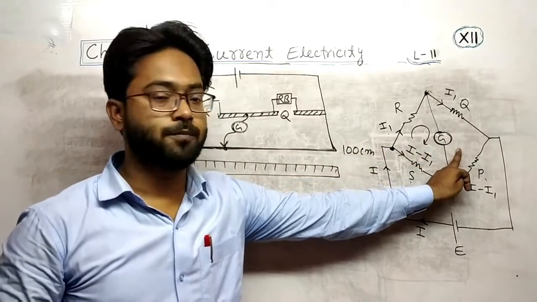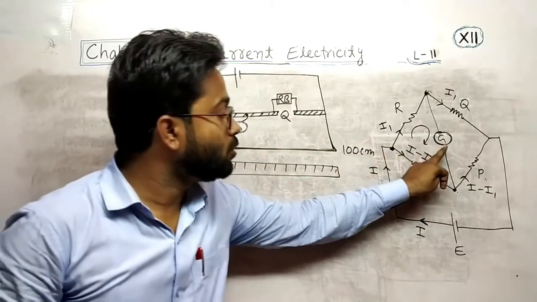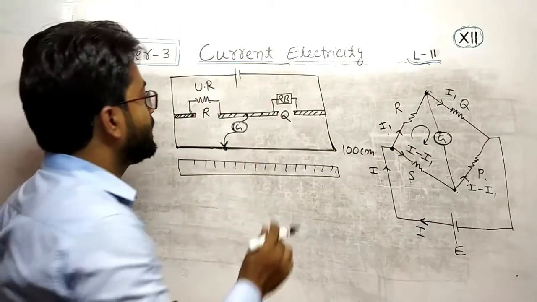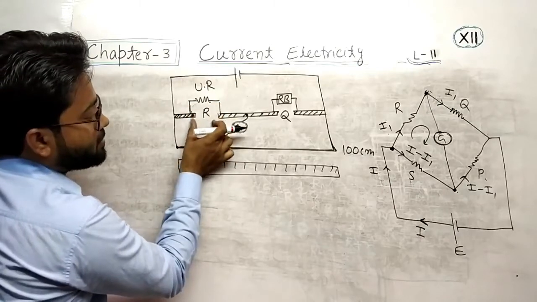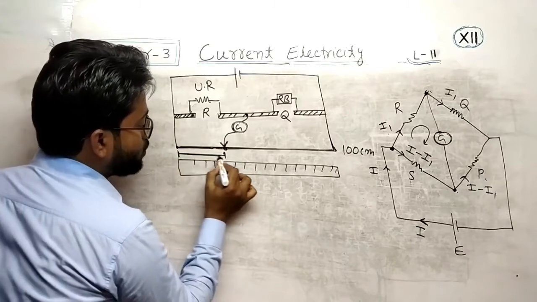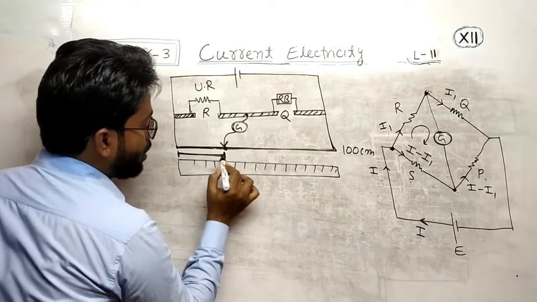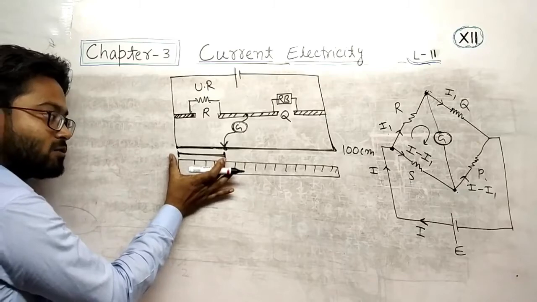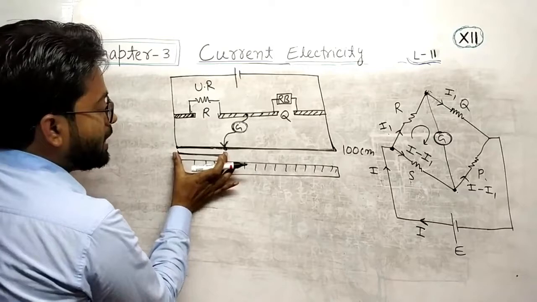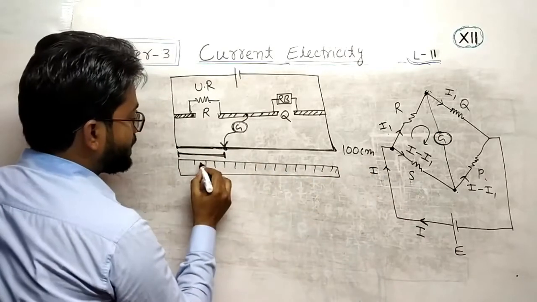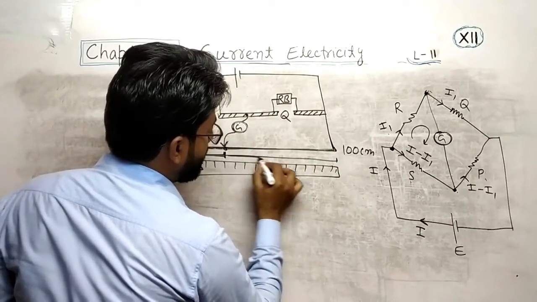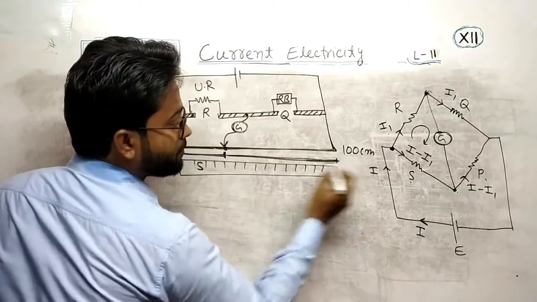If there is no deflection, that means this resistance upon this resistance, this portion resistance of the wire and this portion, R upon this resistance. Let us suppose this resistance is taken as S, and the rest resistance, let us suppose this is P.